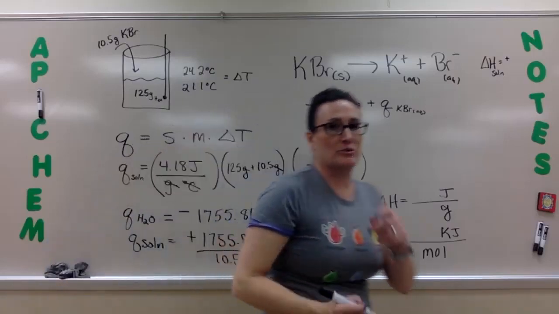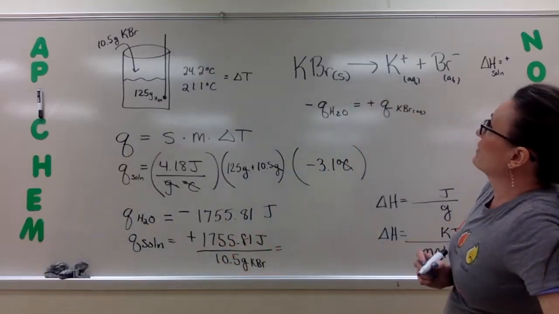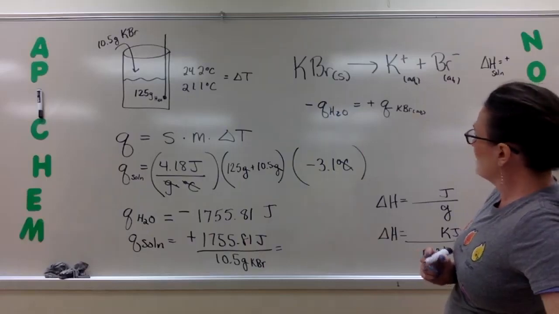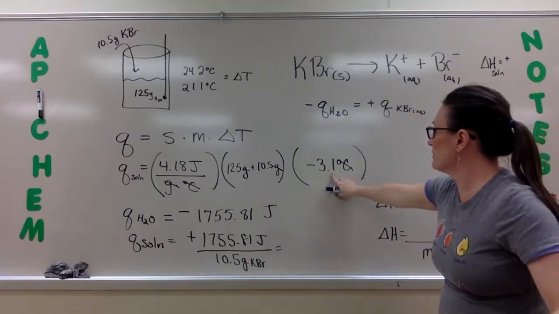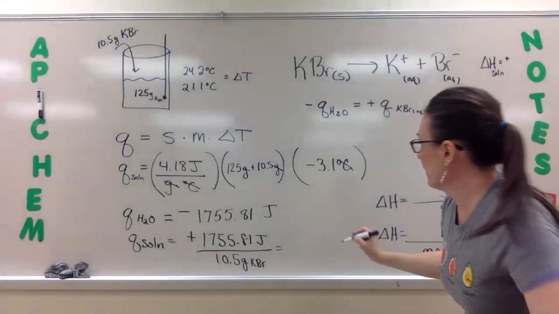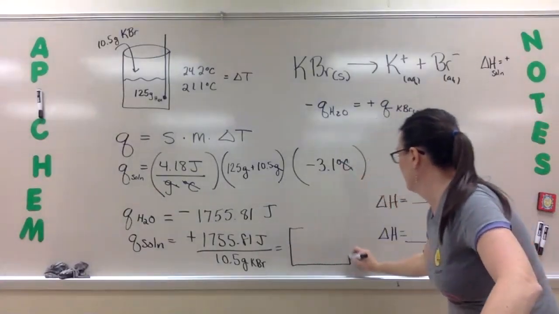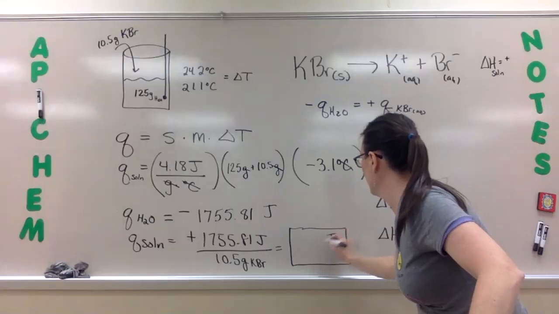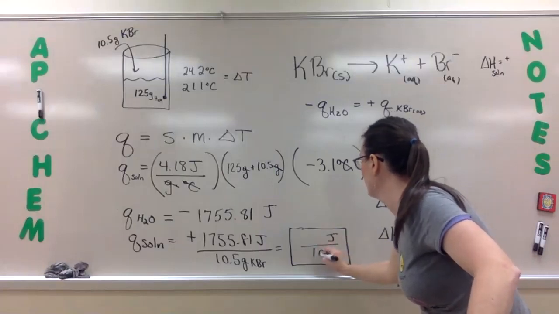Okay, so what does that turn into? And then now we probably should do sig figs. So honestly, with our difference in temperature here, it would be just 2 sig figs as a final answer right here. And so this is our first final answer in joules per 1 gram.